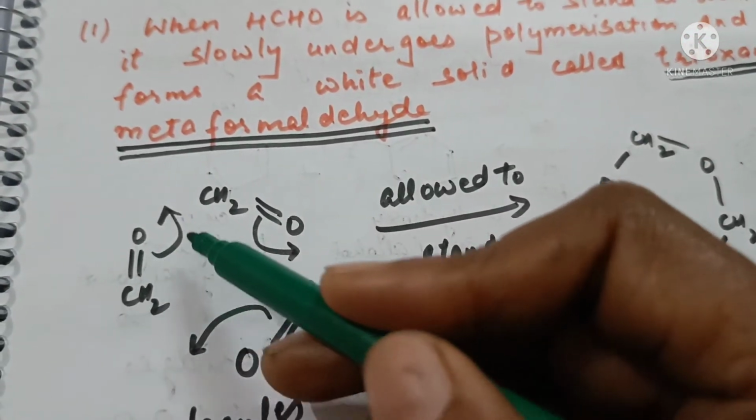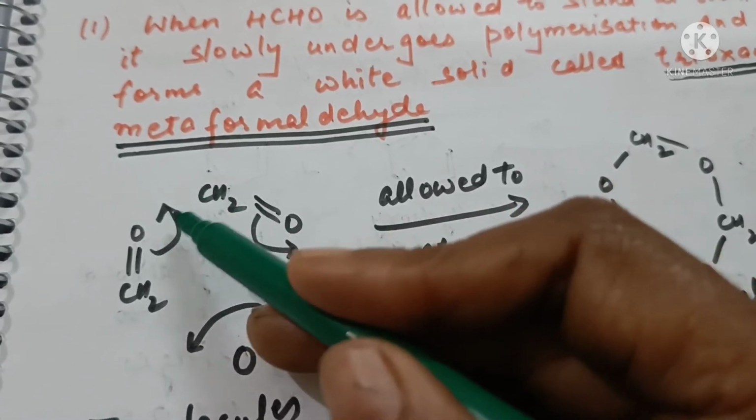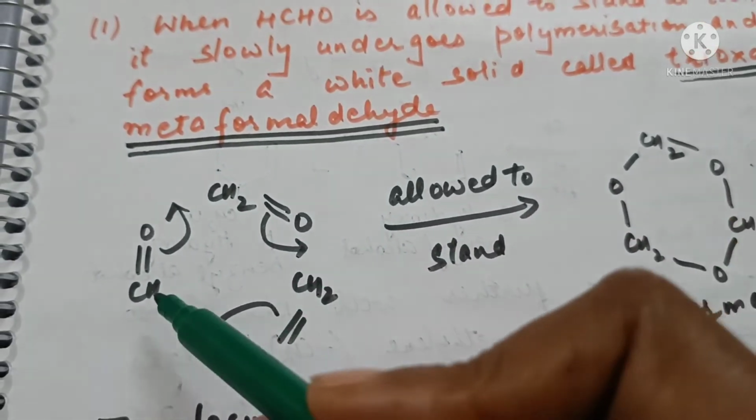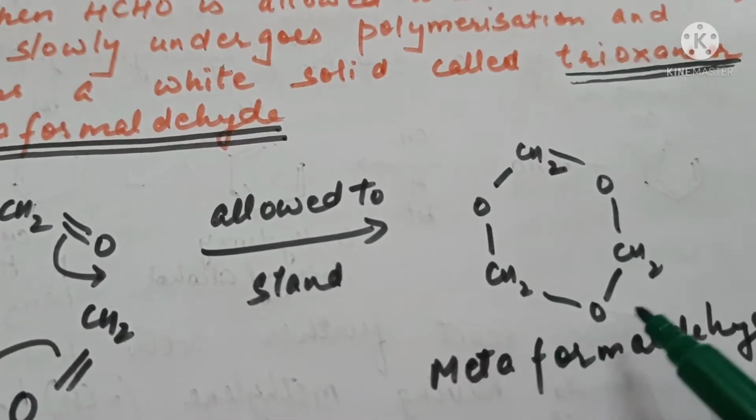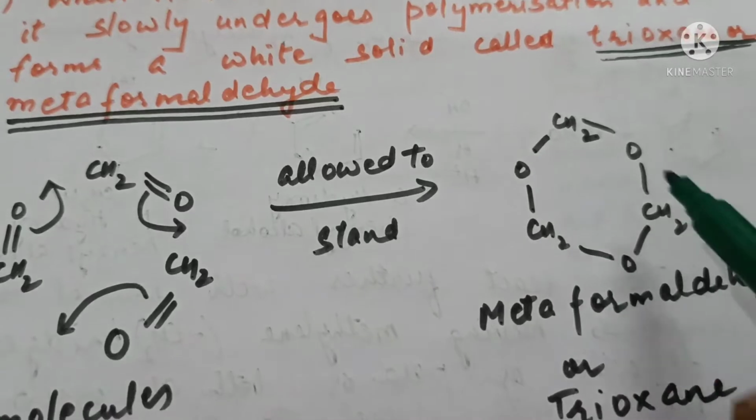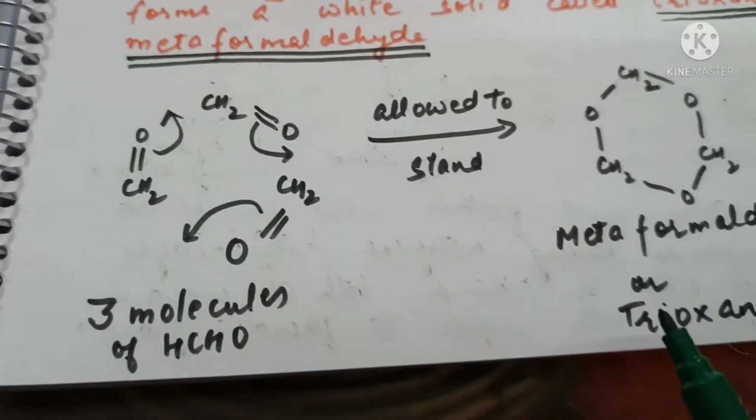So the electrons of the double bond will move here to form a bond here. Similarly, here and here a bond is formed. So this metaformaldehyde is formed. 3 molecules of formaldehyde have joined to form a cyclic product, trioxane.